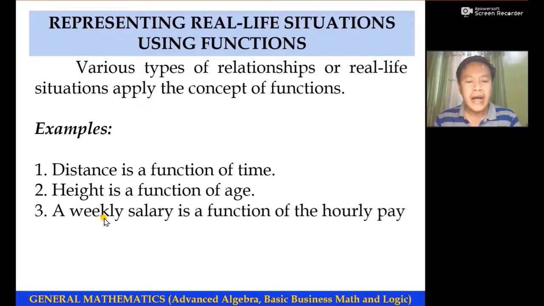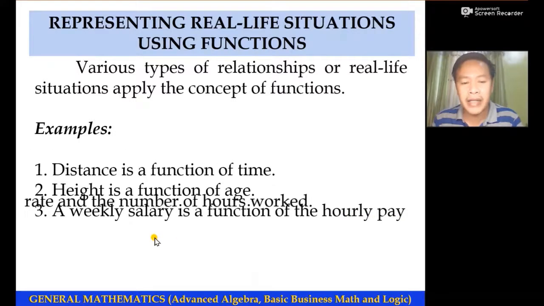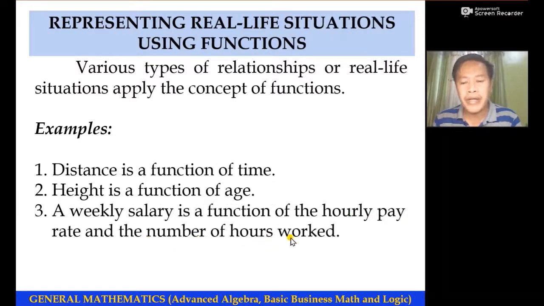Number 3. A weekly allowance is a function of the hourly pay rate and the number of hours worked. If you are working as a part-timer in a certain fast food, your weekly salary is determined by the number of hours you work each day.